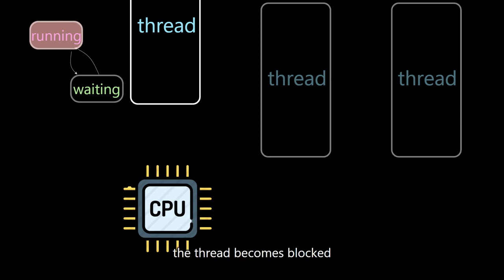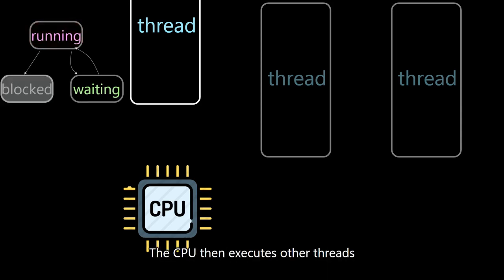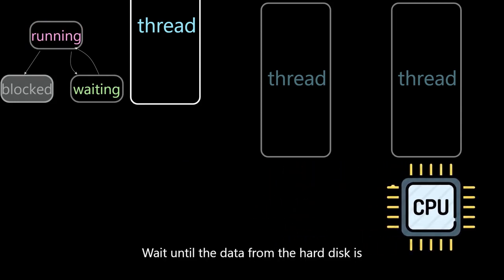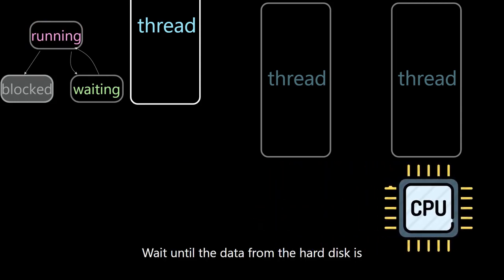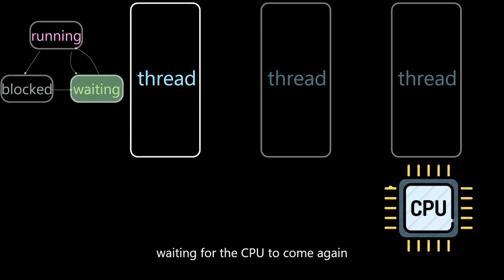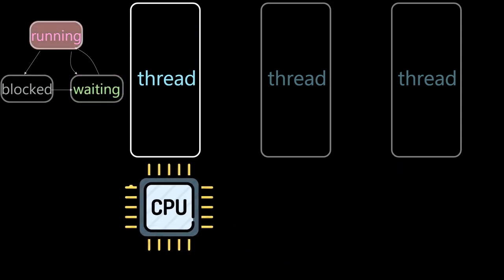Therefore, the thread becomes blocked. The CPU then executes other threads. Wait until the data from the hard disk is returned. The thread changes from the blocked state to the waiting state, waiting for the CPU to come again.